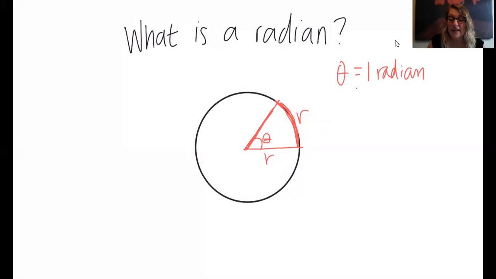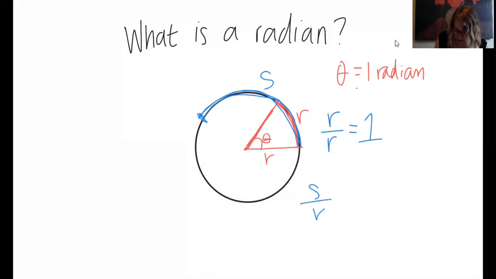If 1 radian is made when the arc length is the same as the radius, that's like this ratio right here. A radian is basically a ratio. So the radius divided by the radius is 1. If I wanted to find how many radians fit in this much of the circle, I would need to find however long that is, and divide it by r, and that would give me the number of radians.